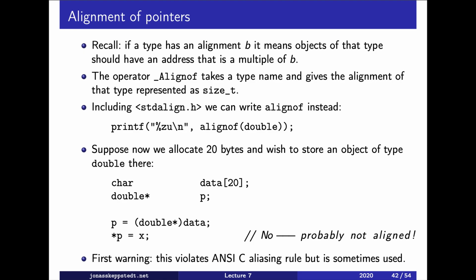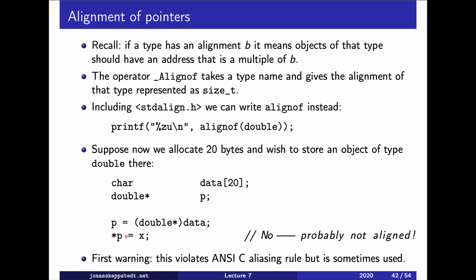A conforming C compiler means a compiler which just takes the standard definition into account when it optimizes the code. So such programs are compiled with a flag that tells the compiler to not take this rule into account. I will talk about that later. But the basic view is: don't fool the compiler, it will strike back. Okay, but that's one issue.